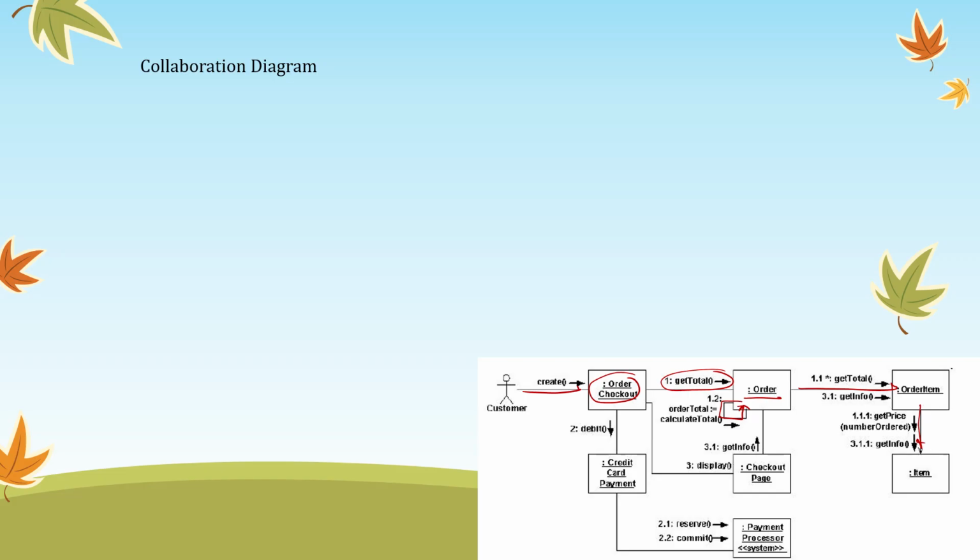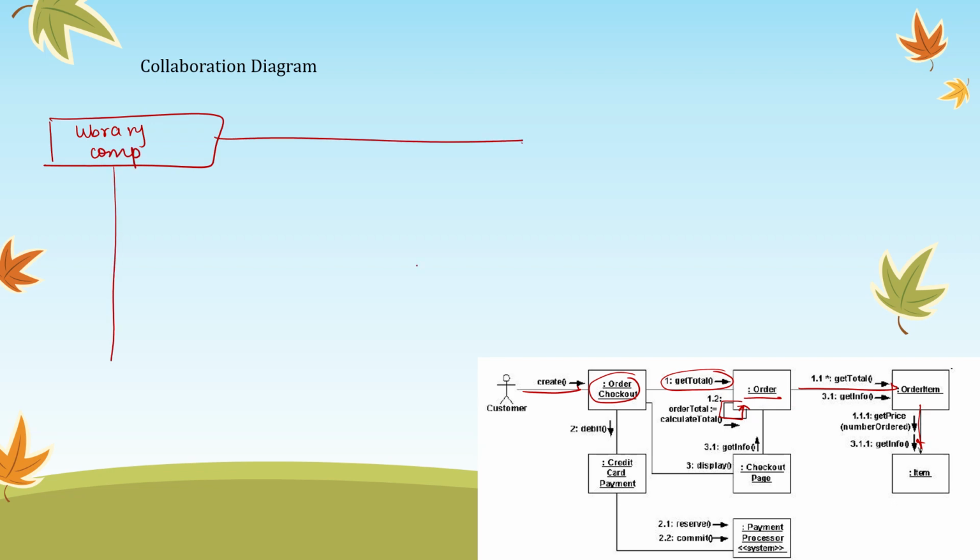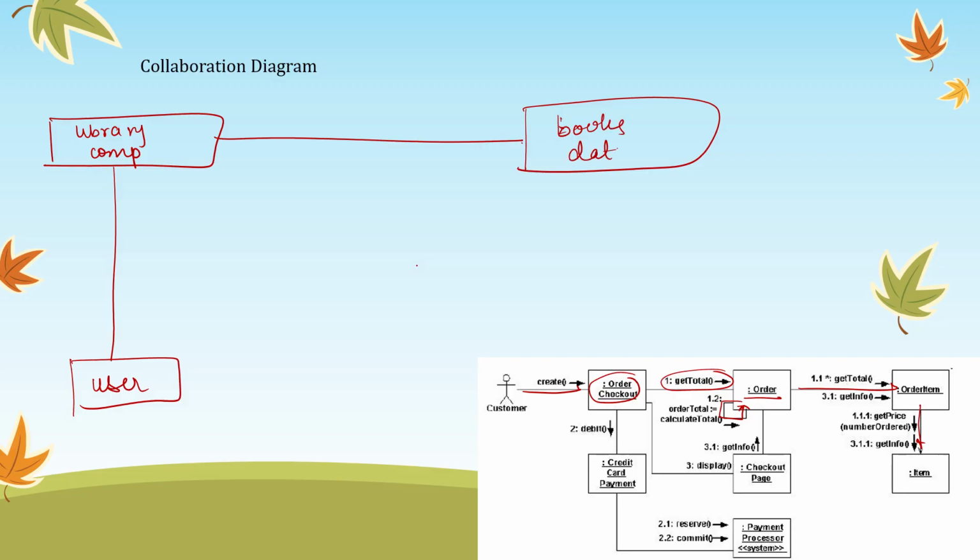Okay, so let's understand this with the help of an example. Let's say we have a library computer. We have a user. Then we have a database, books database.